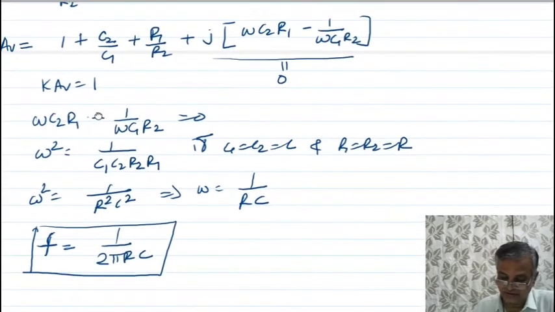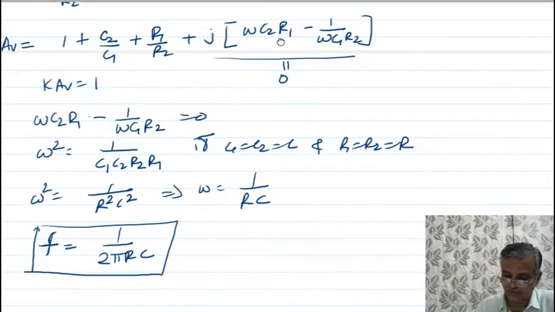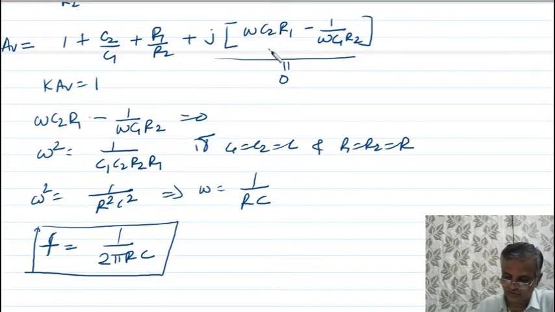Now I have to find the important thing, how much minimum gain of the amplifier should be required. So remember, this value is 0. So I am putting this value as 0 in this equation, and see what equation of gain you will get.